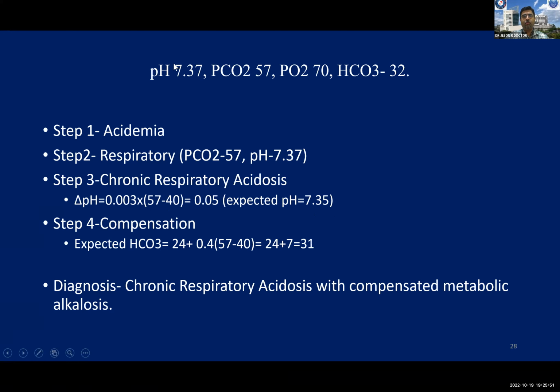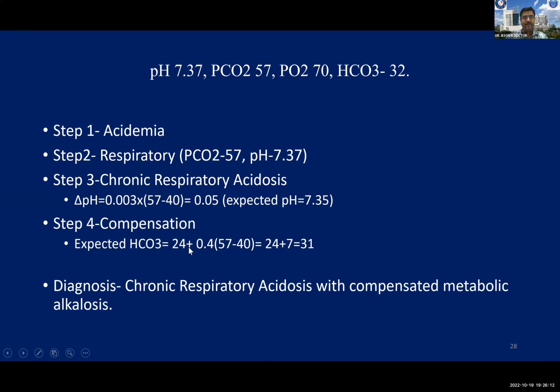Now you have to find out whether there is any metabolic compensation here. So let's check that. The expected bicarbonate should be baseline bicarbonate, which is 24, plus the formula for chronic respiratory acidosis compensation, 0.4 multiplied by delta PCO2.